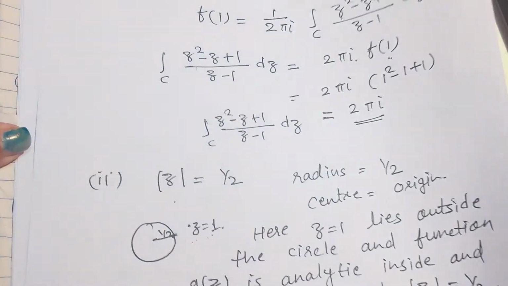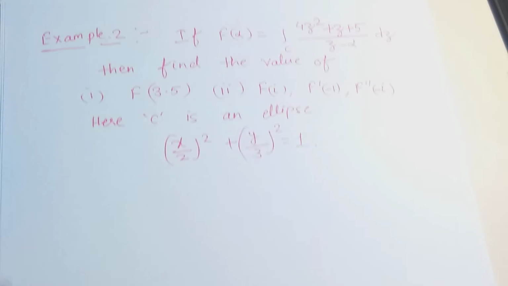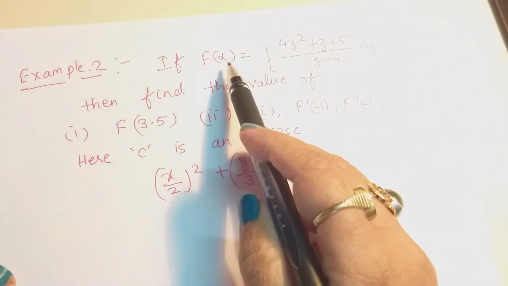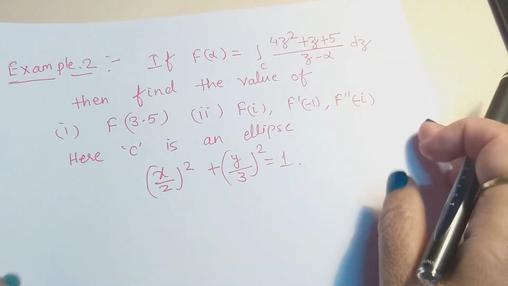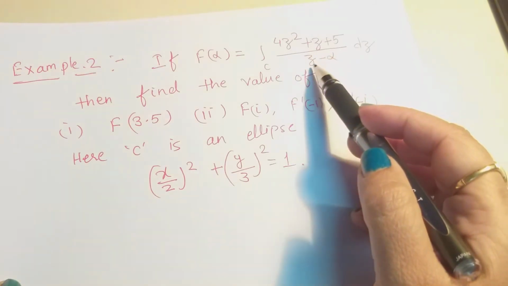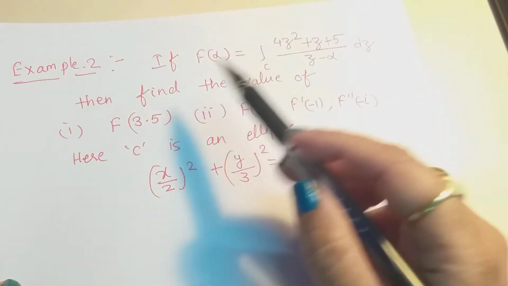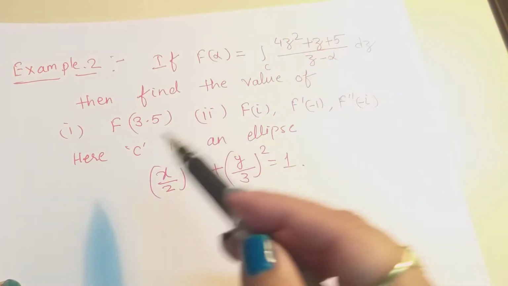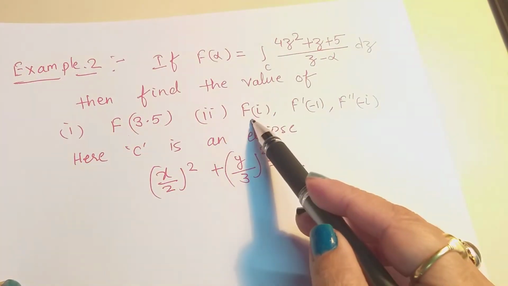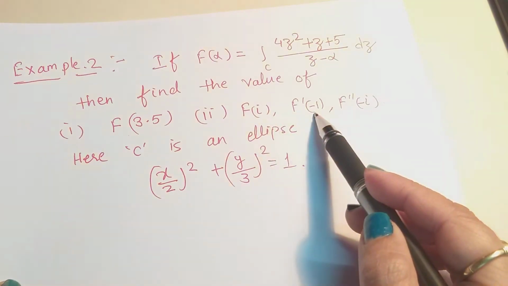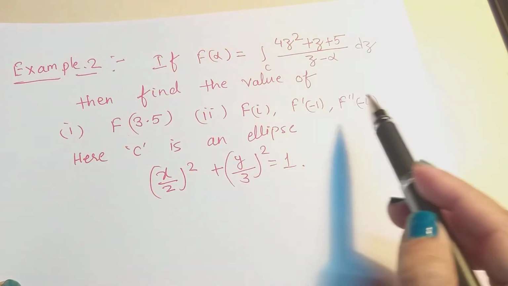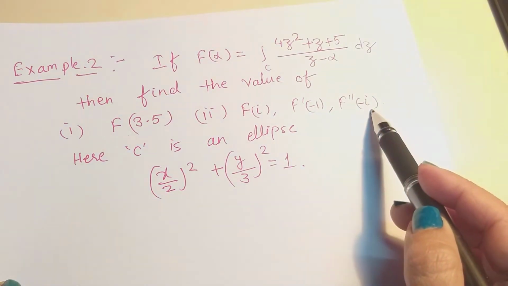Now we see the second example. If F of alpha is equal to integral of (4z square plus z plus 5) divided by (z minus alpha) dz, then find the value of, in first case F of 3.5, in second case F of iota, F dash minus iota, F double dash minus 1 and F double dash minus iota.